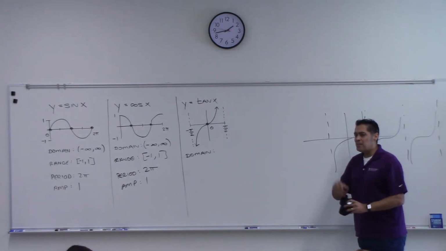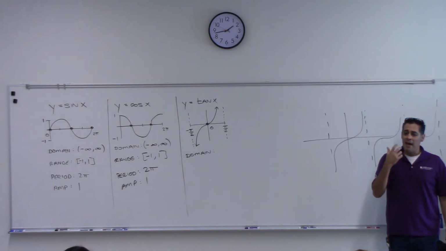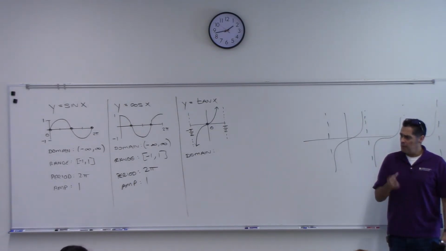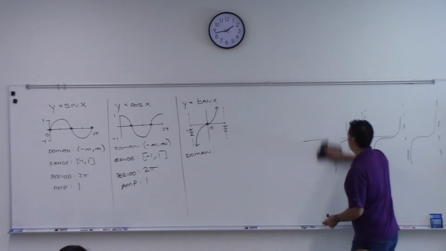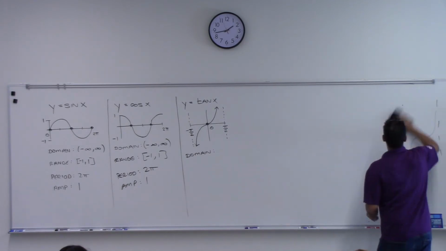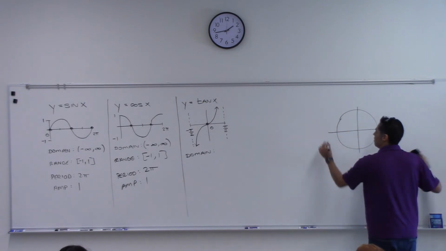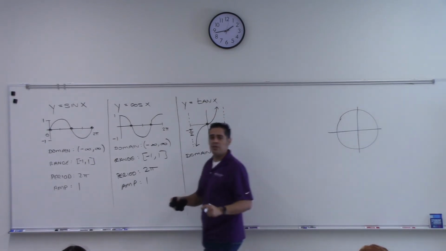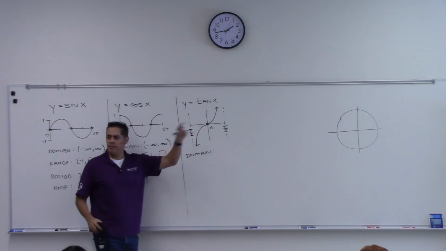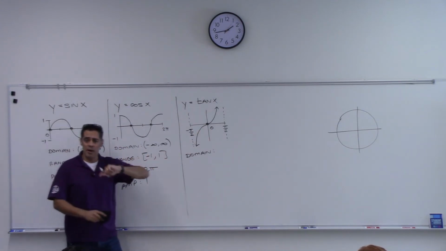So I think the best way to understand the domain is to go back to the unit circle. Instead of looking at this graph, let's go back to the unit circle. Tangent, by definition, is which coordinate divided by which coordinate? Y over x, right?